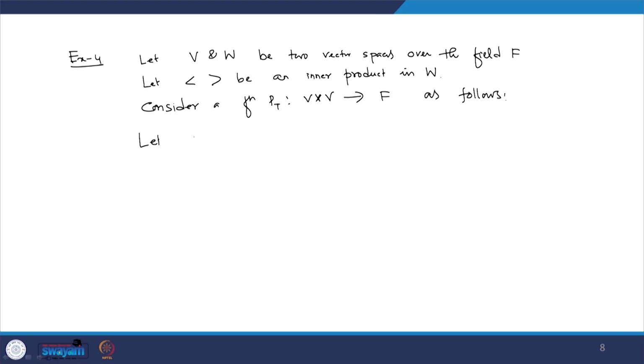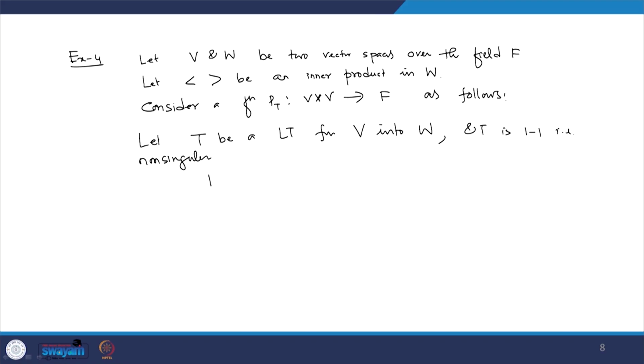Let T be a linear transformation from V into W, and T is one-one, that is, non-singular.